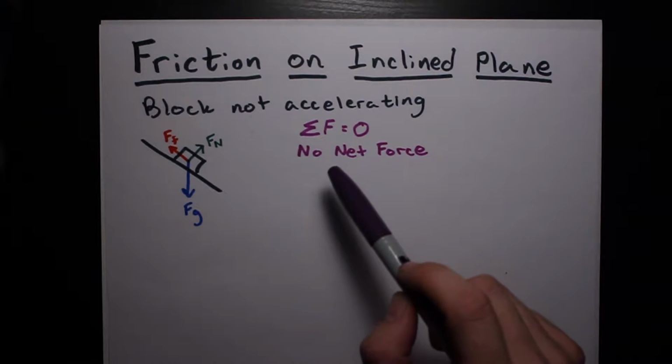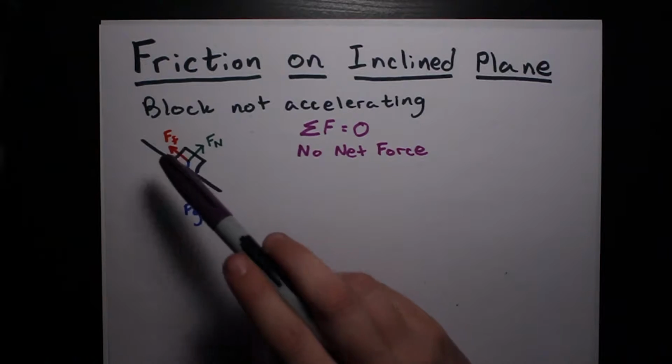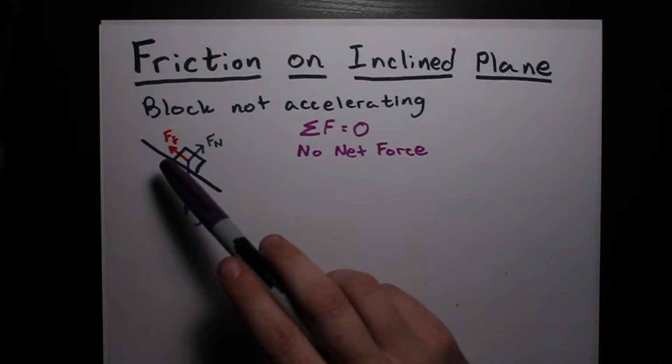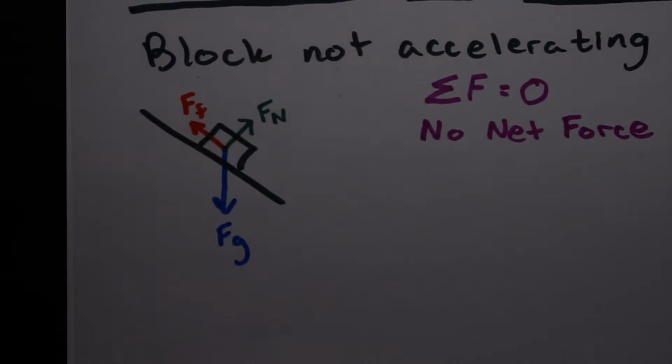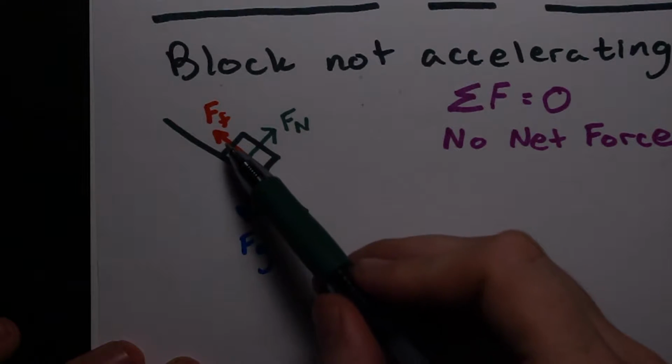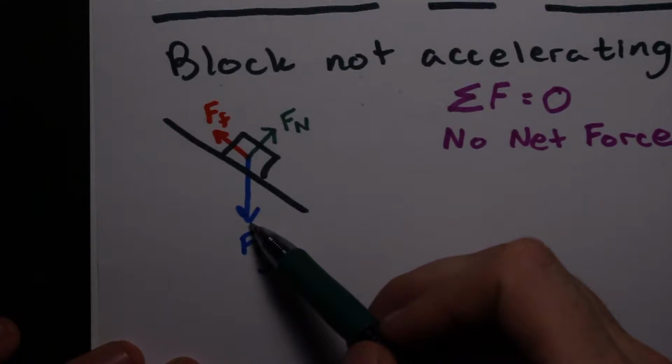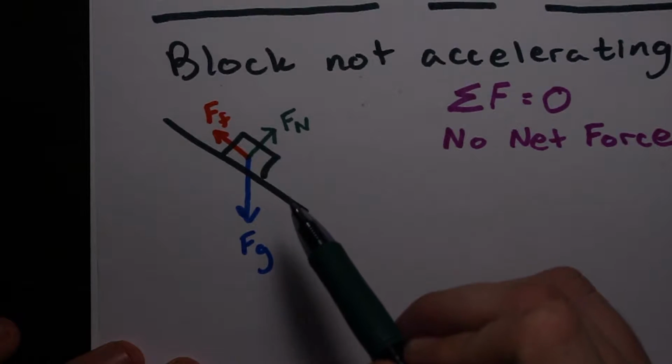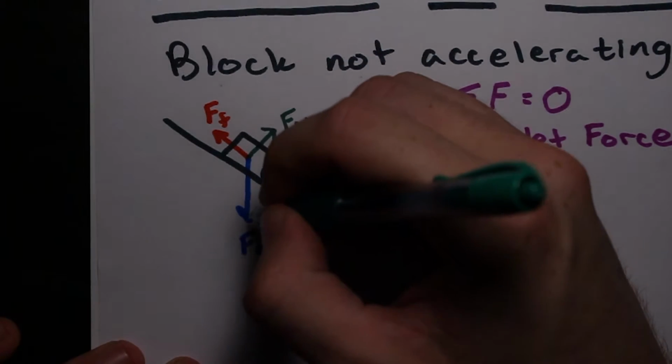And now we need to figure out how to actually solve for the force of friction. Now, to solve for the force of friction, we need to break up the force of gravity into its components once again. So let's do that.